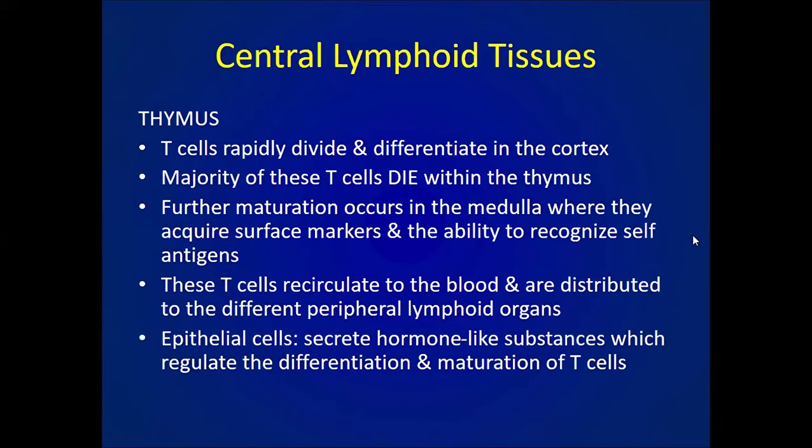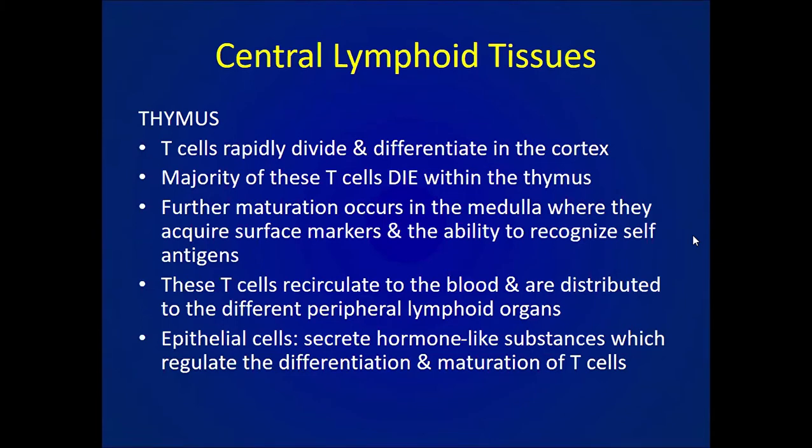The T cells rapidly divide and differentiate in the cortex of the thymus, and the majority of these T cells die within the thymus, rather than being dispatched to the target area where the antigens are located.